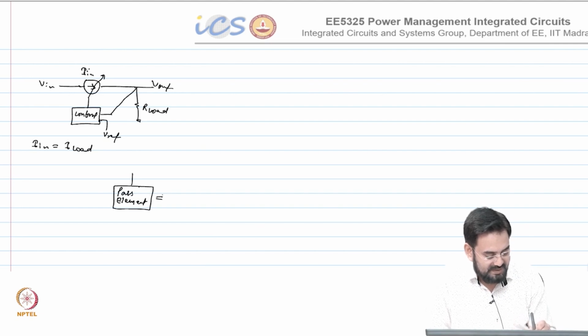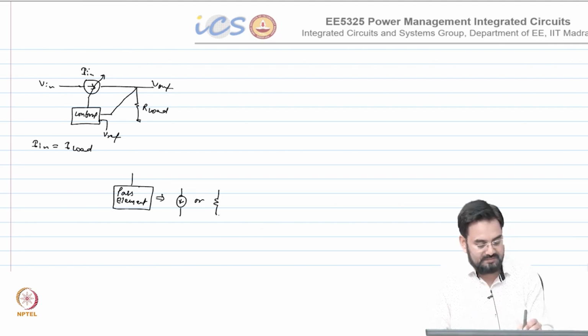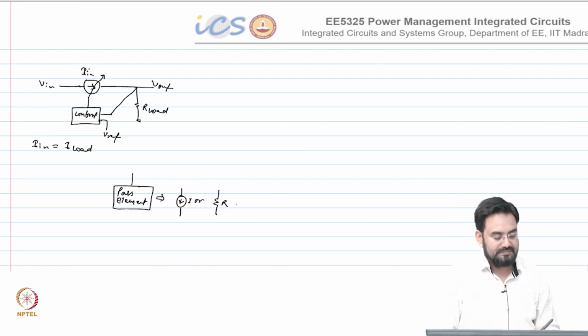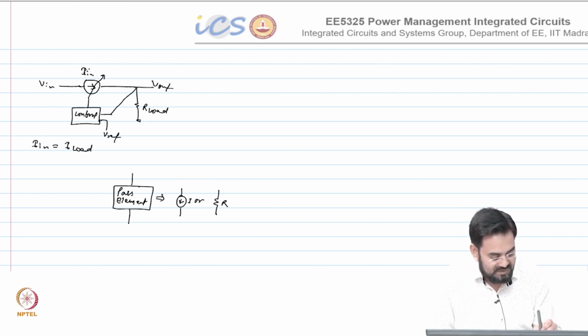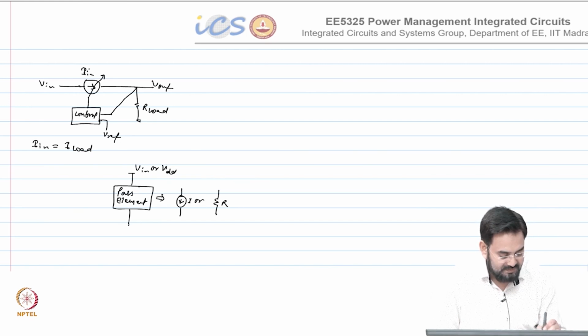Pass element is nothing but your current source or resistor, I or R. This is your V in or VDD, whatever you call it, and this is my V out. This is your R load. This is my V out.